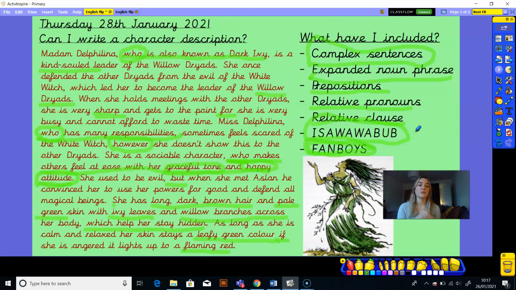With your character, you can do it in whichever order you like, but I would try and look at this list to try and help you figure out what would be good for you to include. You could even make a note before you start writing, or just go away and start writing and maybe edit after. But hopefully this will give you an idea of the kind of thing you can write.